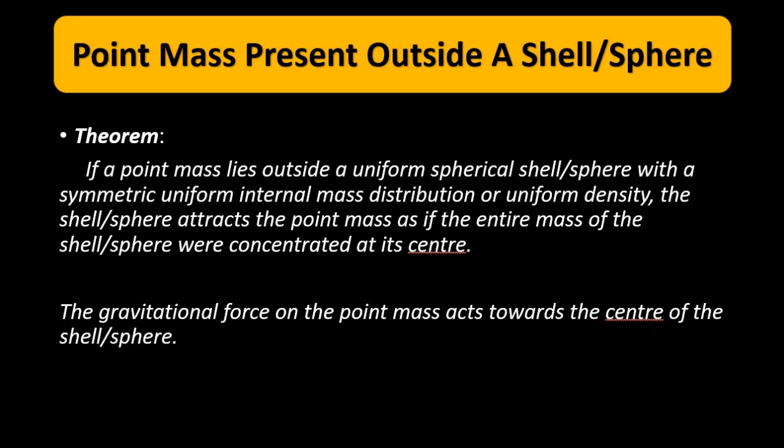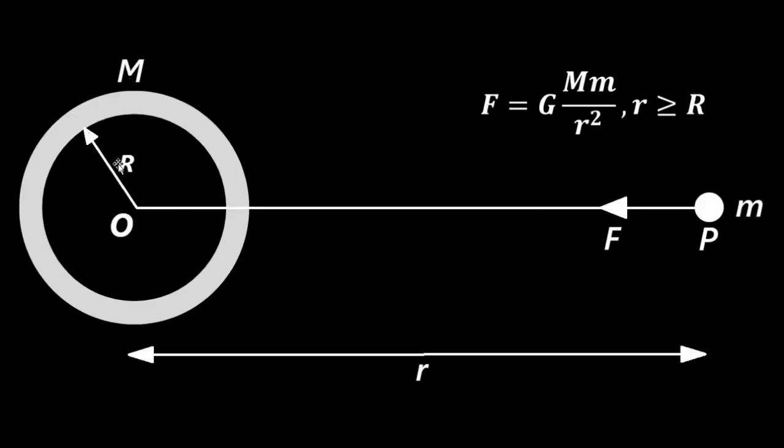So in the case of this spherical shell of uniform mass distribution, the gravitational force F acts in a line towards the center of the spherical shell, and the spherical shell behaves as if the entire mass of the shell is concentrated at its center.